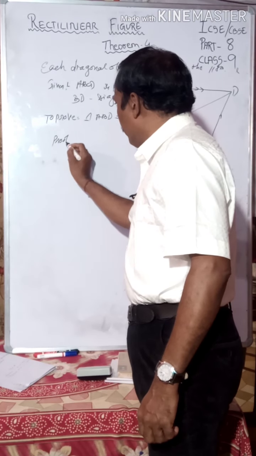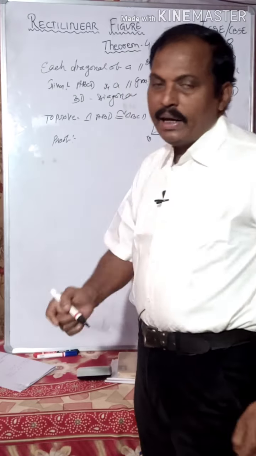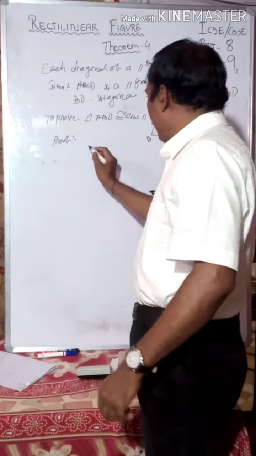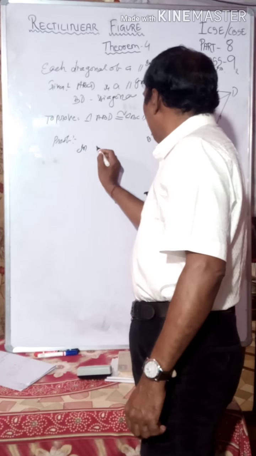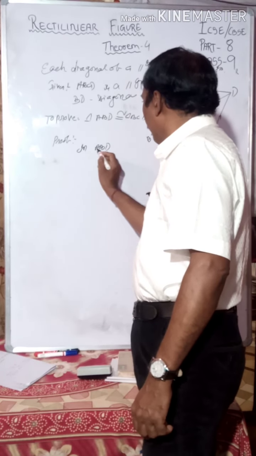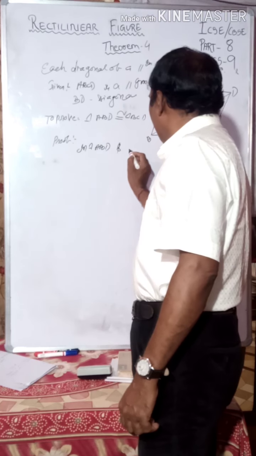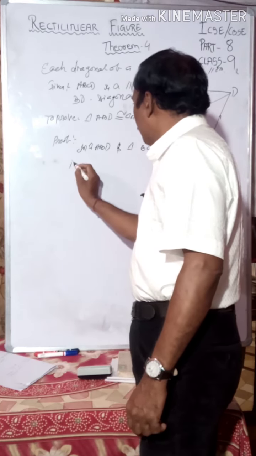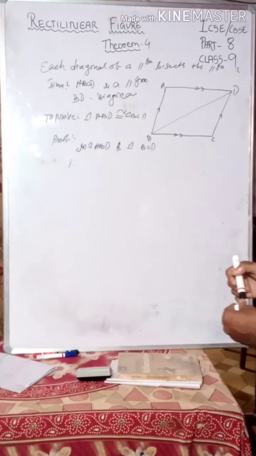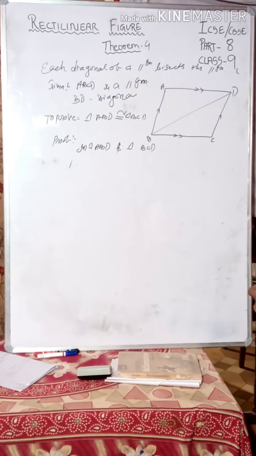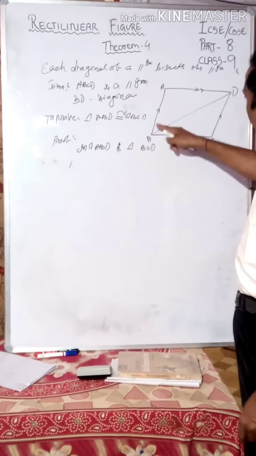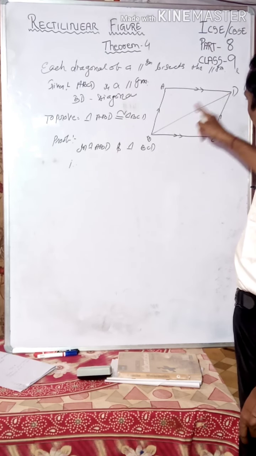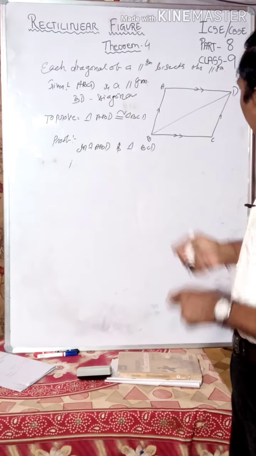Very easy. We can take two triangles and compare, in triangle ABD and triangle BCD. First point, in triangle ABD and triangle BCD, this angle is equal to this angle.